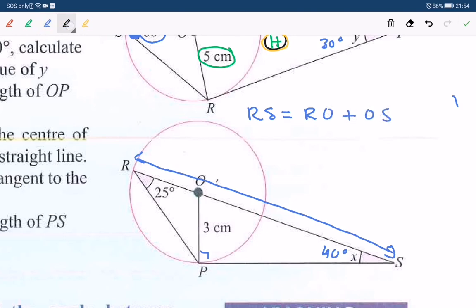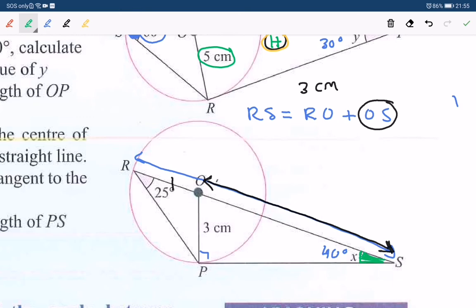We already know RO is the radius, so the radius is 3 cm. So what we need to find is OS. The OS is from here to here, the black one. How? We can either use the Pythagorean theorem or we can use SOH CAH TOA. I love to use SOH CAH TOA. This is the angle.